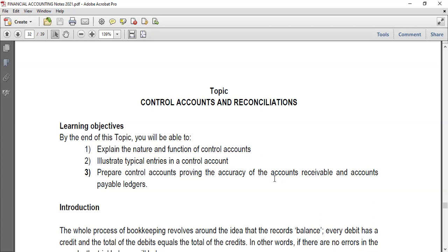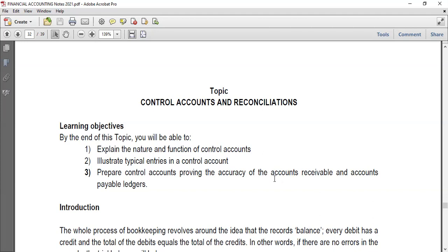Questions on single entry, in most cases, are transactions made by small businesses that don't have accountants or systems in place, okay? So for us to determine key balances for such accounts, we deploy what we call control accounts. From a learning perspective, we want to understand the nature and function of control accounts.